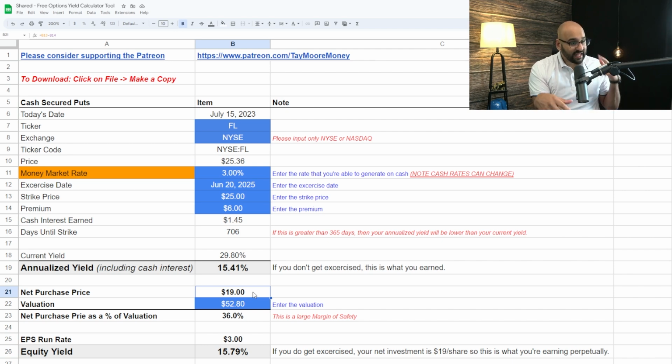Now, at the end of the contract, the shares are trading below $25 per share. Right now they're trading at $25.36, but by the end of the contract they're trading below $25 per share. So in that case, you actually are on the hook to buy the shares for $25 per share, which you already knew when you went into the options contract. And so you effectively purchased the shares for $19 per share.